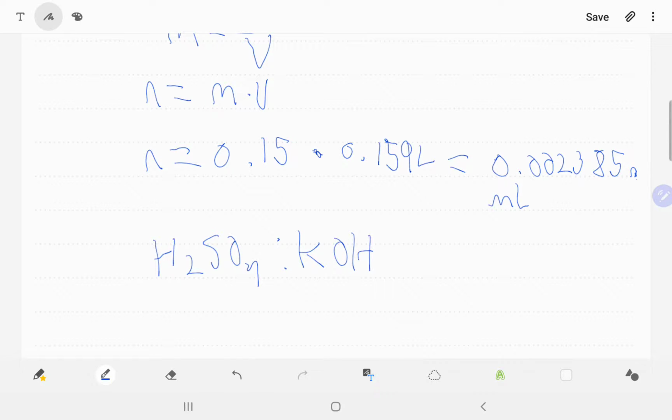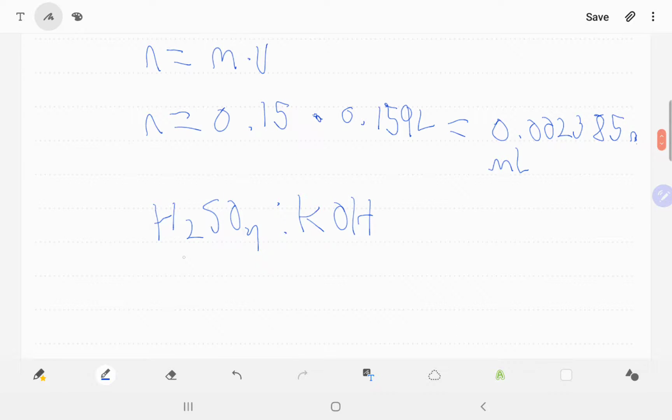Your ratio would look something like a 1 to 2 ratio. And then you would have to multiply that 1 by your n that you just found, which would be 0.002385, and divide by 2.